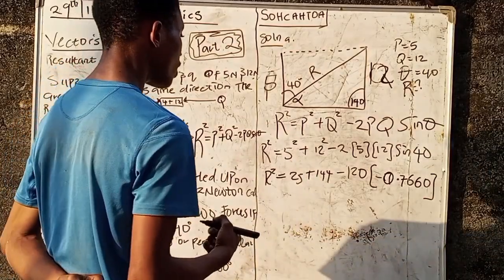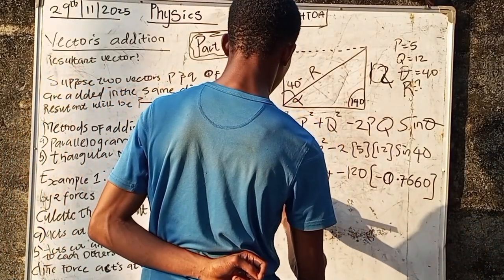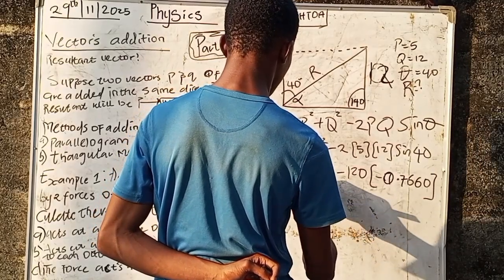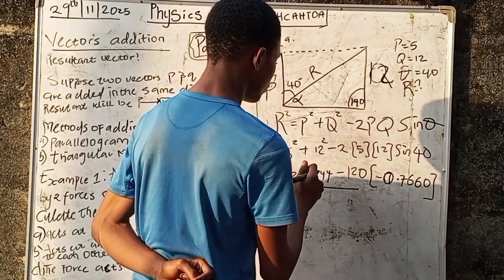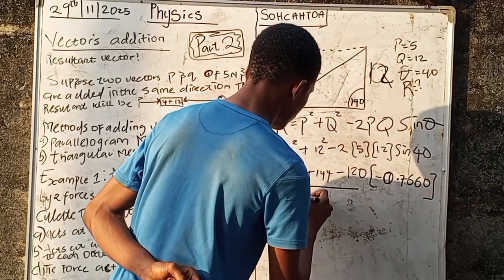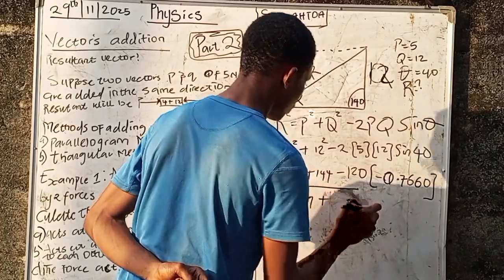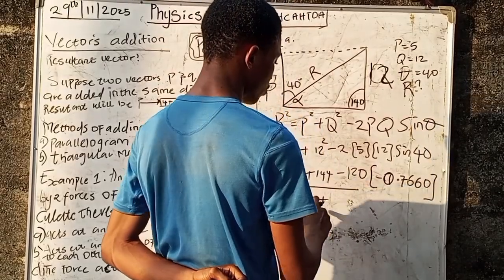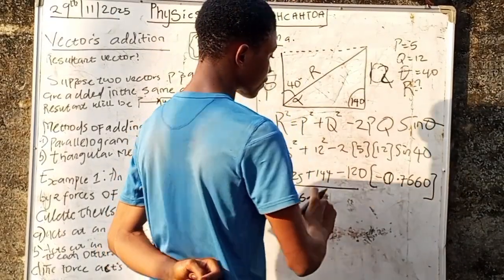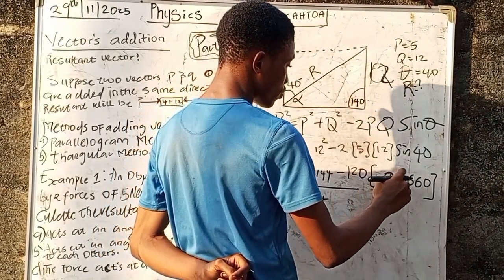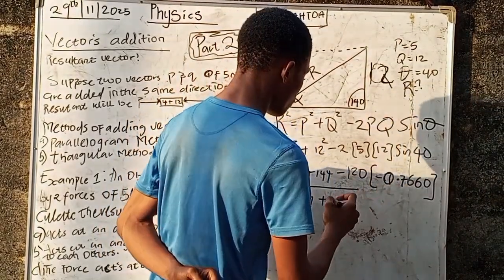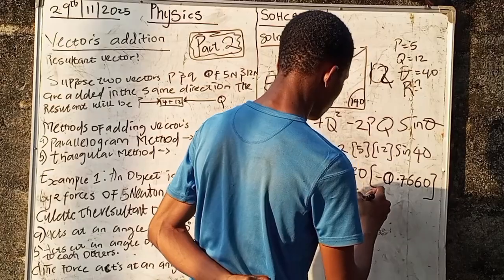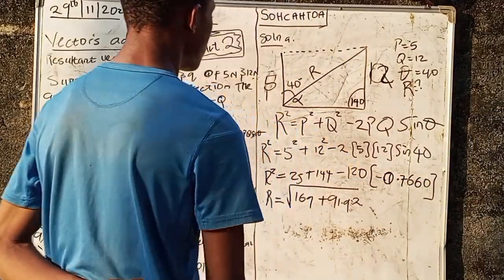So we go again. R square equals 25 plus 144 is 169 plus, minus times minus is plus. That is why we have plus here. 120 times 0.7660 will give us 91.92.